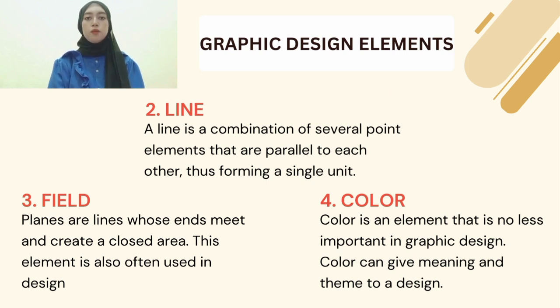Each line shape will create a different impression. For example, thick lines will create a firm impression, while thin or curved lines will appear more flexible and dynamic. Lines in a design function to create order, clarify certain points, and can be applied in making charts or graphs.